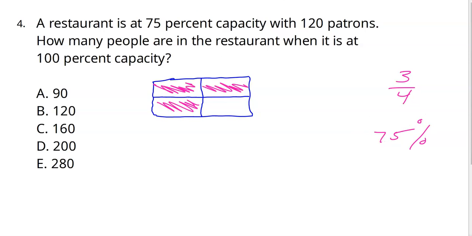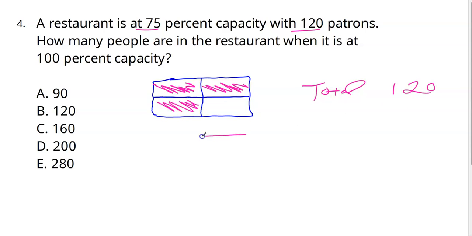So if the restaurant is 75% full, right? That means there's a total of 120 people in it. But I want to know how many people are in it if it's 100% full. So let's say it's completely full. That's 100%. I'll break up the same restaurant here.